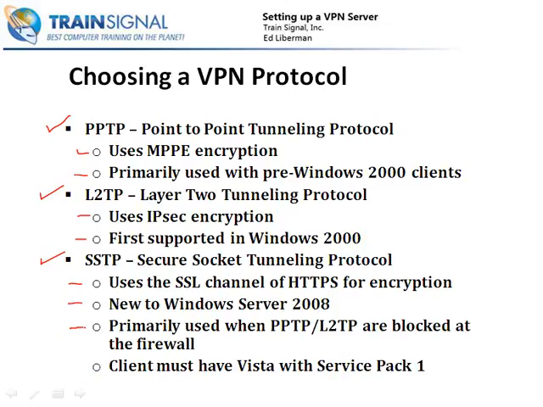Well, now, because it's using the SSL channel of HTTPS, all they have to have open is port 443, meaning they just have to have the HTTPS port open on the firewall. And almost anywhere you go, that port is going to be open. Why? Because pretty much any network you're on is going to have web access.